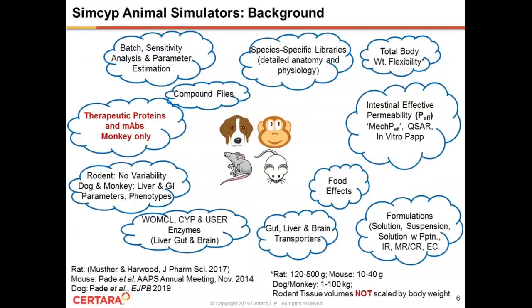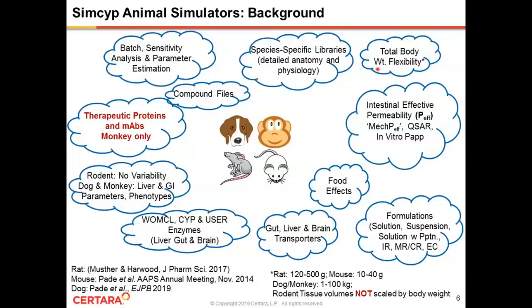So in terms of the introduction, when I talk about the animal simulators, we are looking at the different features here in the different animal simulators, and as you can see here, all the animal simulators have their own species-specific libraries.